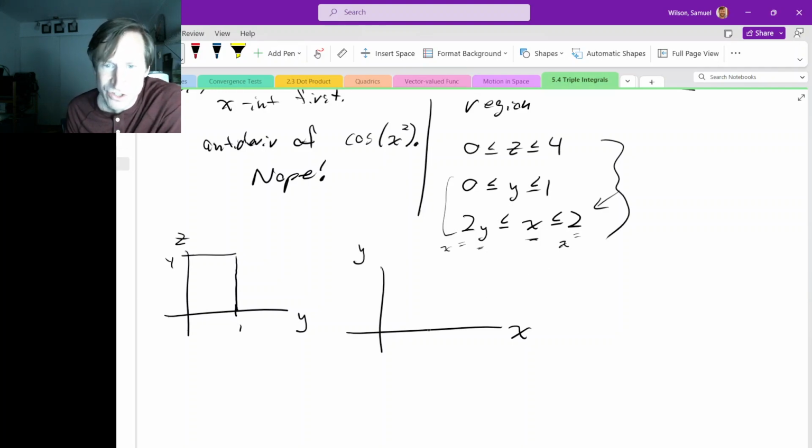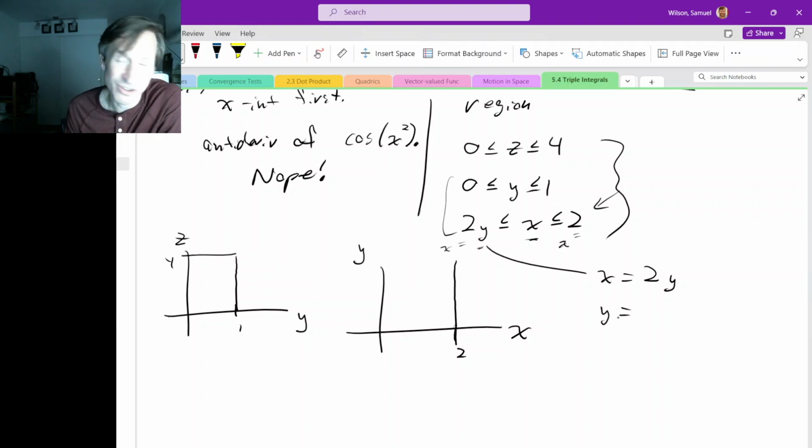So x equals 2, we can draw that pretty easily. That's this vertical line here. But x equals 2y, we're not used to thinking of lines that way. We're used to having our lines solved for y, so let's solve this for y. We get y equals 1/2 x. So that looks like this.